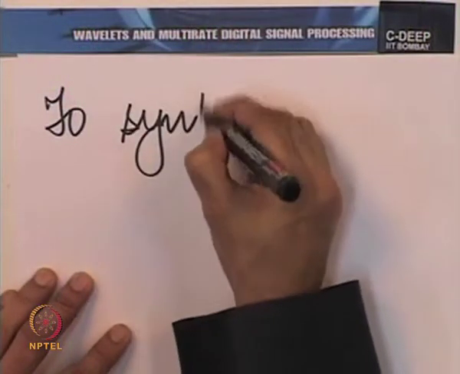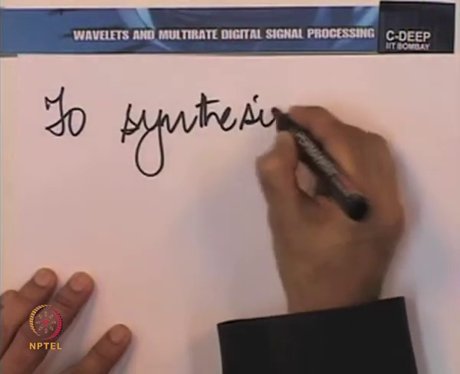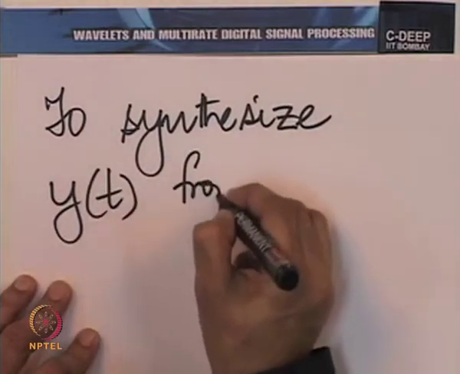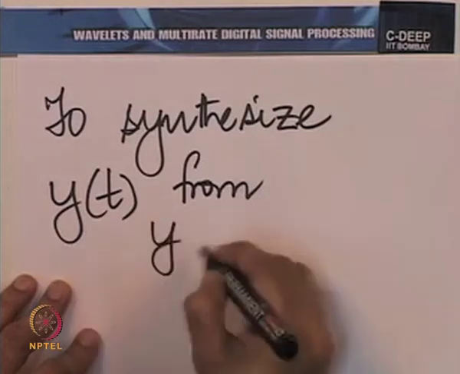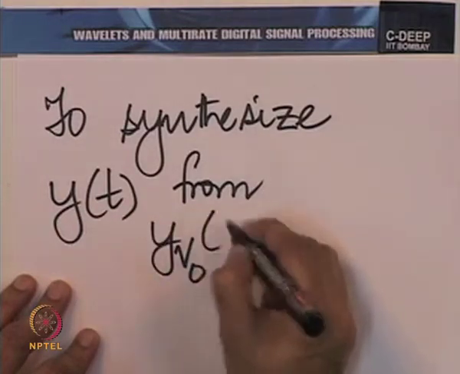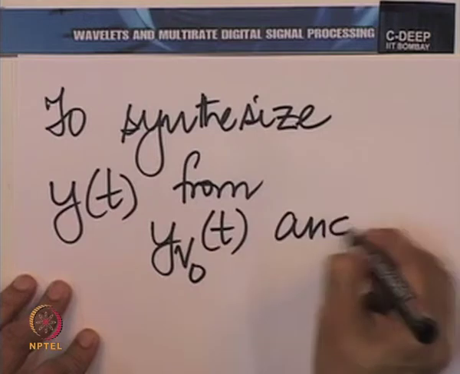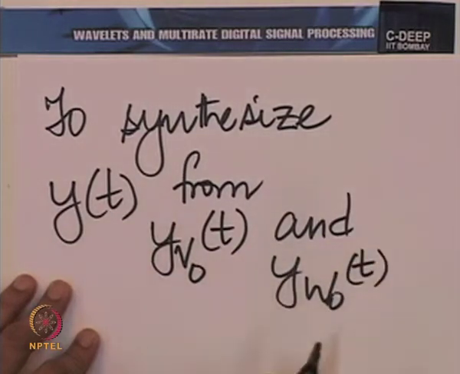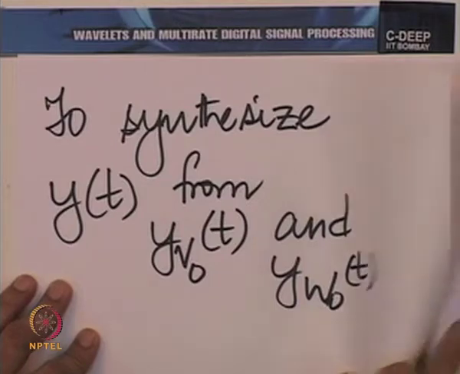So, essentially, if we wish to construct a synthesis filter bank or to synthesize y(t) from yv0(t) and yw0(t), in continuous time it is very easy.